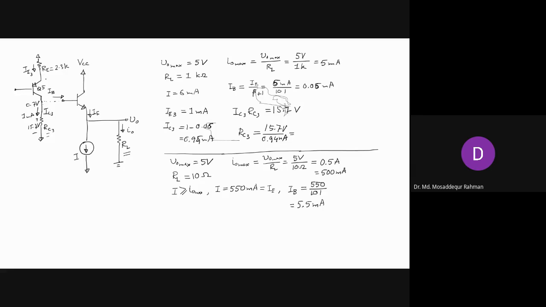The power losses will be high, right? And for a long time operation, this will increase the temperature and deteriorate the performance. So there are many other issues that you will have with this high current. So what is the solution?